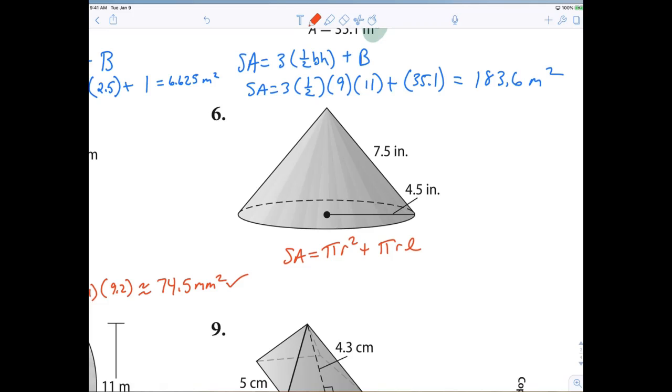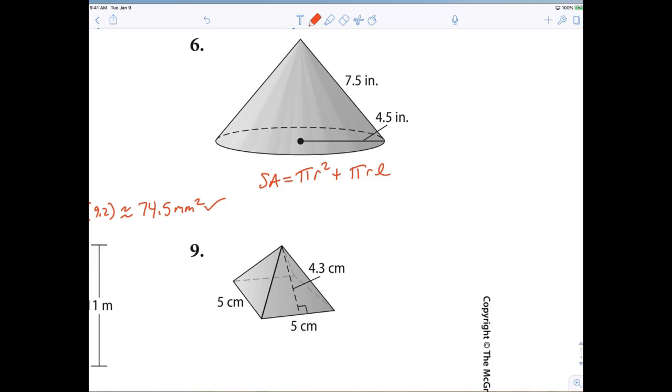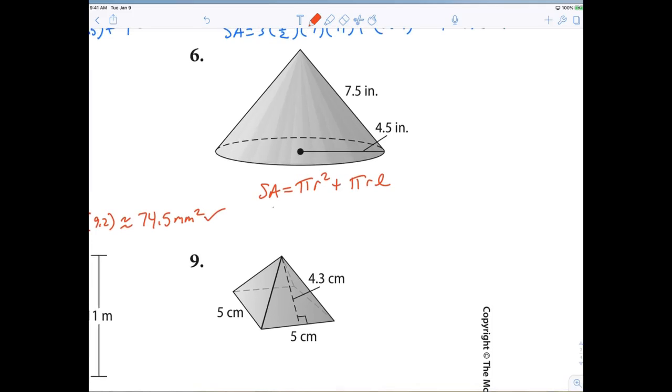There we go. You okay, Thomas? Joseph? All right, Joseph, what's the radius? 4.5. What's the slant height? 7. Yes. Now multiply that out on your calculator. Tell me what it is.